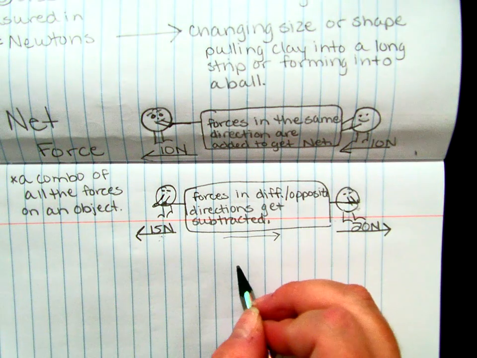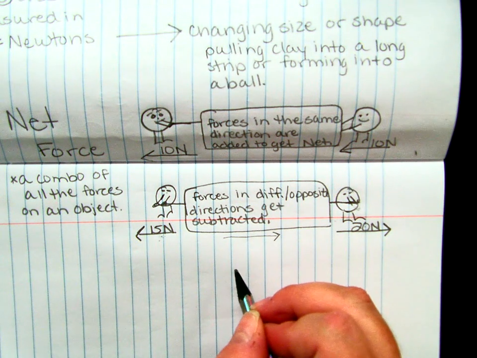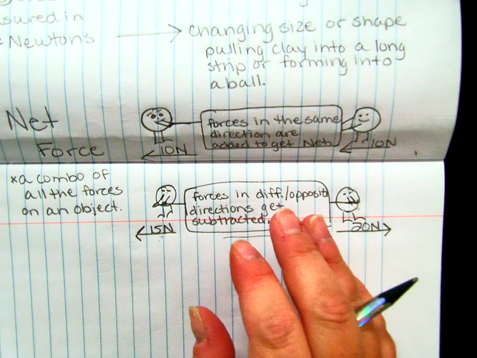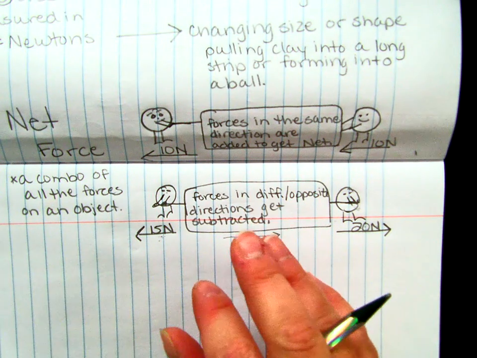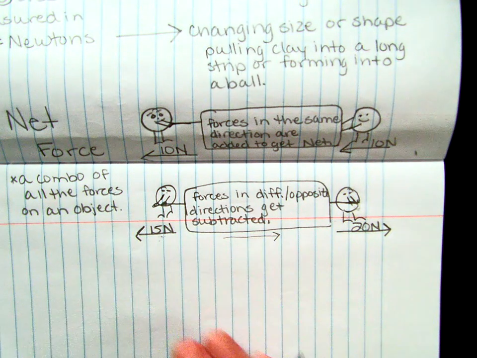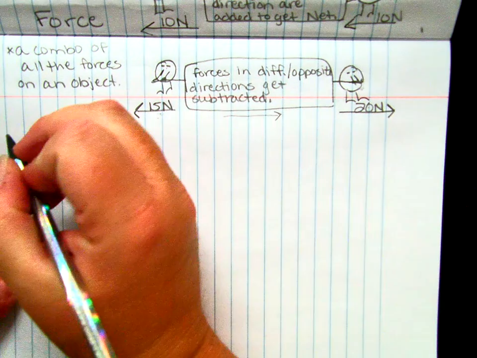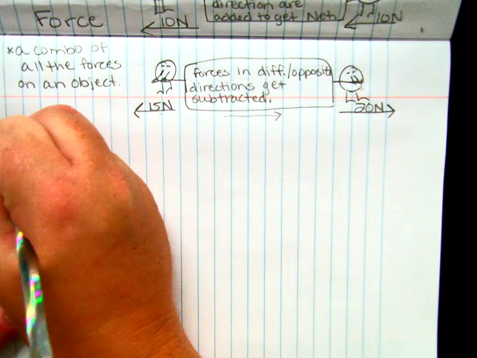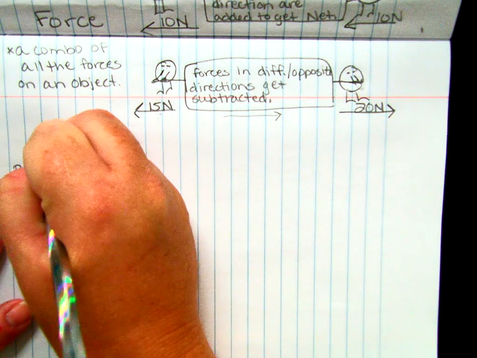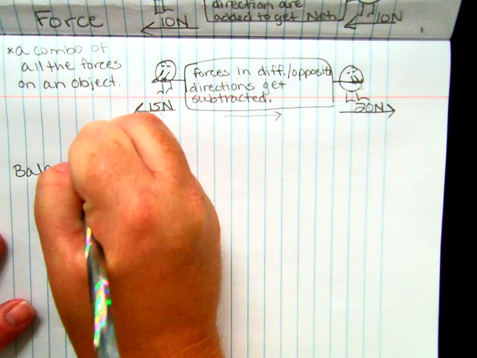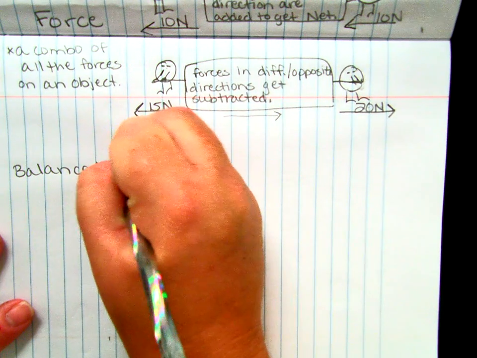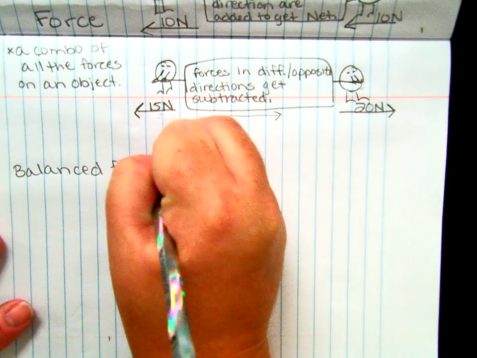Now, once we talk about net force, then we have to talk about two other things. So I'm going to move this way. We are going to talk about balanced forces versus unbalanced forces.